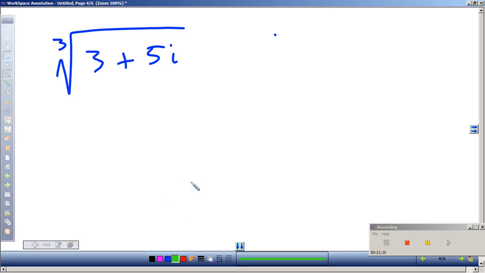So what's the first thing we have to do with this? Find r and find theta. What is r? Okay, square root of 34.